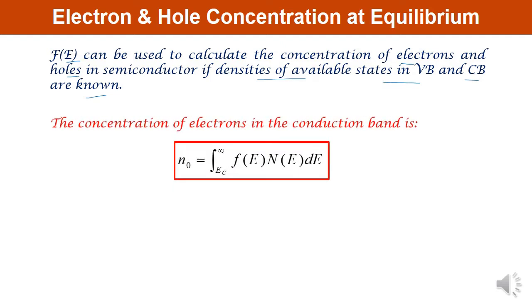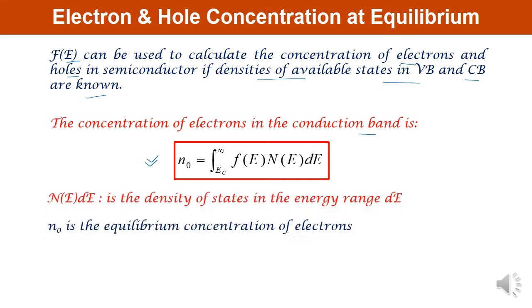The concentration of electrons in the conduction band is written by this particular equation: N0 is the integral of F(E) into N(E). Here N(E) is the density of the states in the energy range dE and N0 is the equilibrium concentration of the electrons.